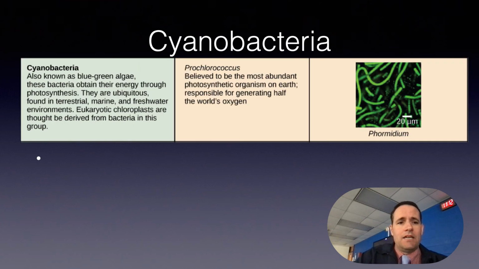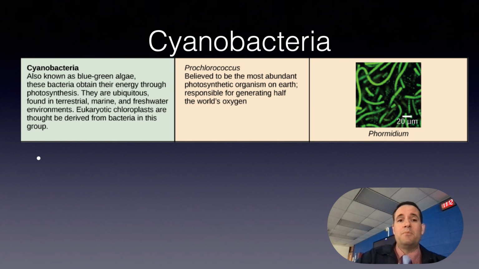Cyanobacteria, like I said, is also known as blue-green algae. And these bacteria are similar to plants in that they are photosynthetic. So when you shine light on them, they develop their own energy, okay? And it's believed, now let's look at this.